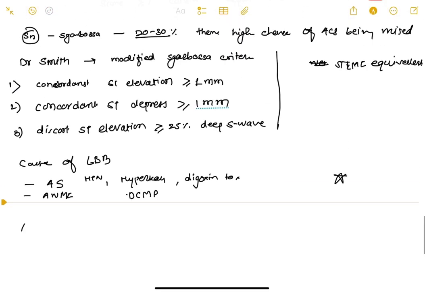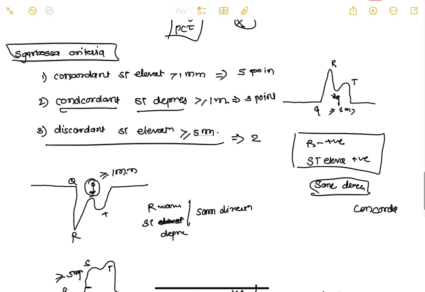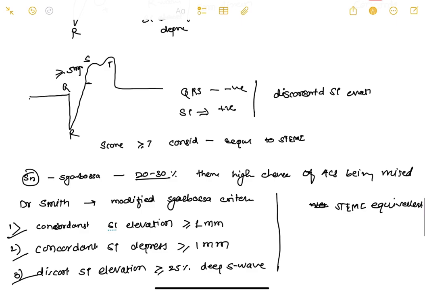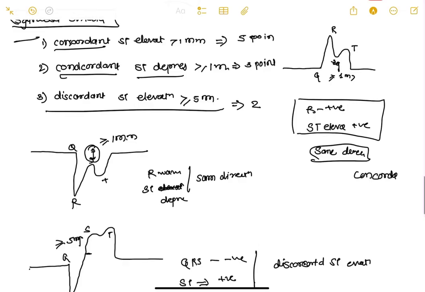You can expect questions on LBBB where you can be asked about the odd one out, giving 3 options. Also, you can be asked about the difference between the Garbosa and modified Garbosa, and what is concordant and what is discordant.